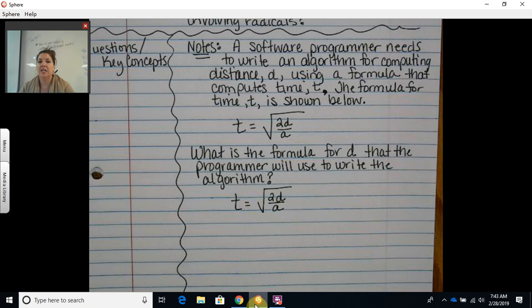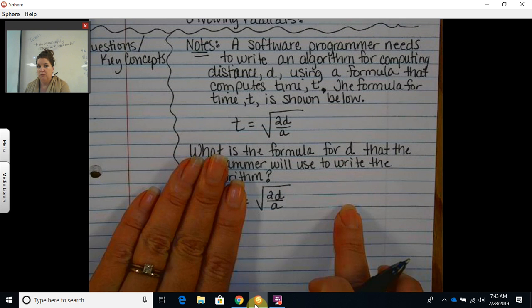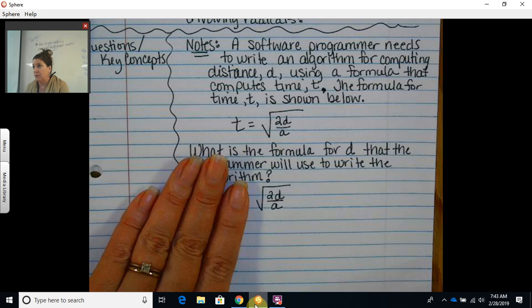And the variable that they want us to solve for is under the radical. Okay, so this is a radical equation. We know how to do this, even though there's variables in it. It's okay. Is my radical isolated? Yeah. There's nothing else on the right side except for the radical, right? Okay, so it's already isolated.